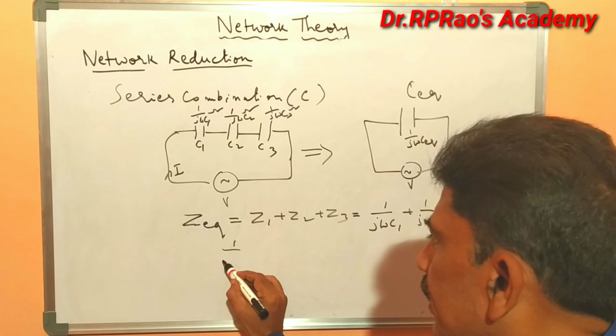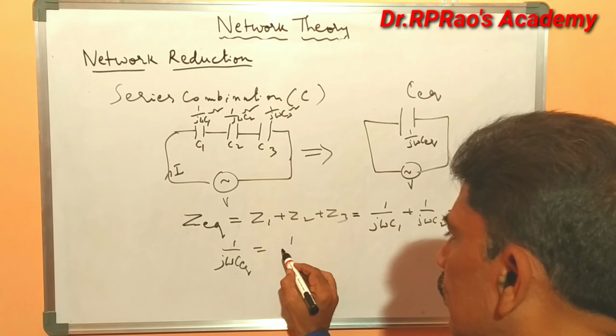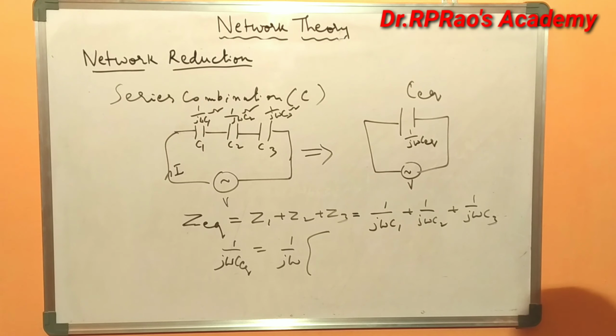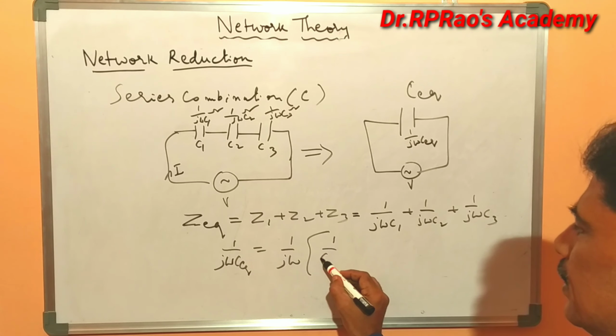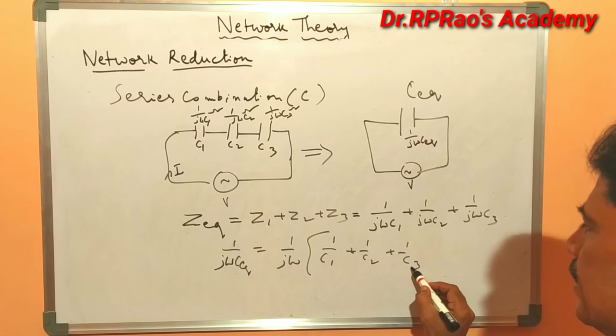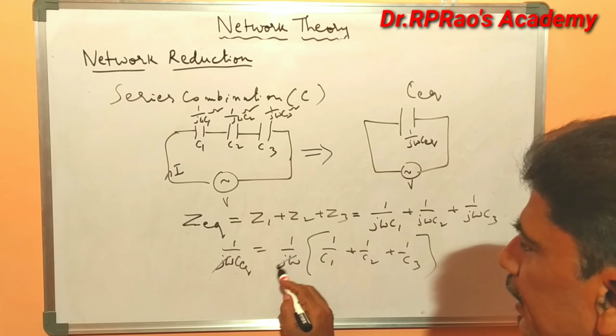So 1 by j omega C equivalent is equal to 1 by j omega, let us take it common, 1 by C1 plus 1 by C2 plus 1 by C3. So 1 by j omega will get cancelled.